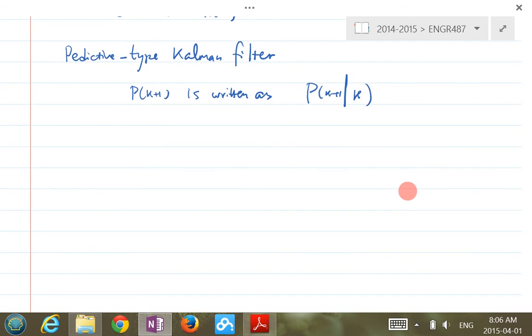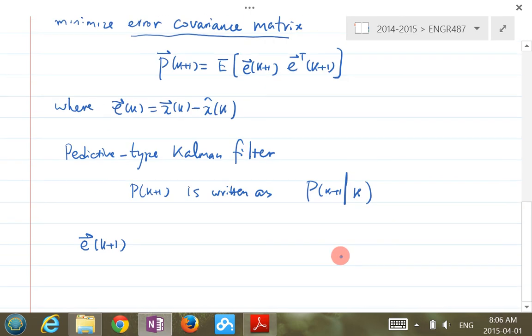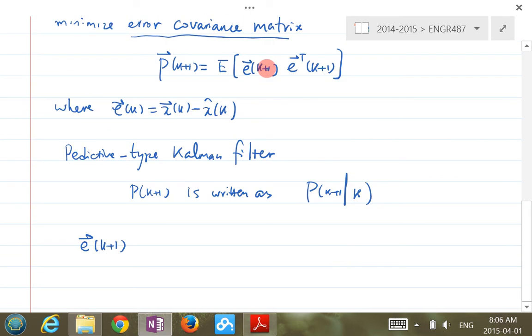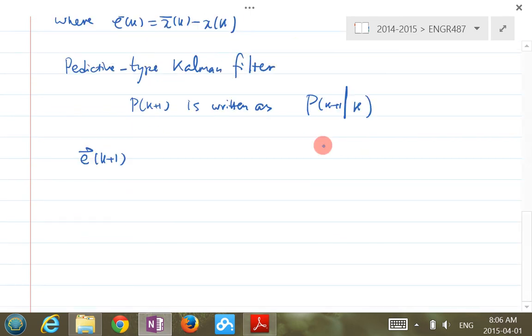So the idea is to minimize P of k. Then what we need is to obtain E of k plus 1, and then plug it into this bracket here. E of k plus 1 is x of k plus 1 minus x hat of k plus 1.